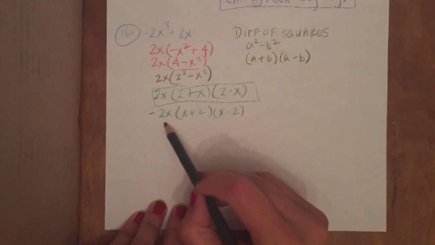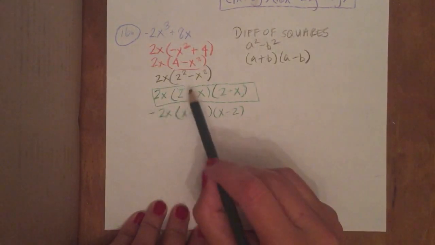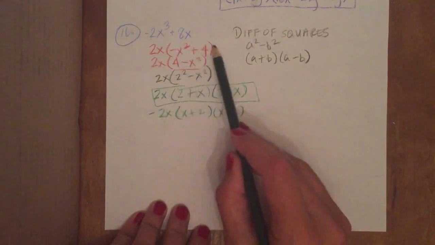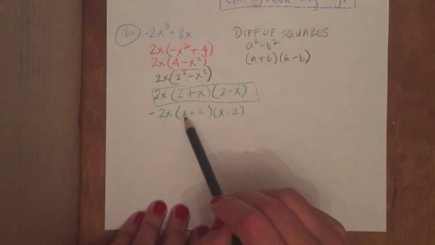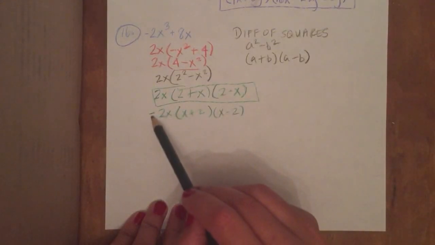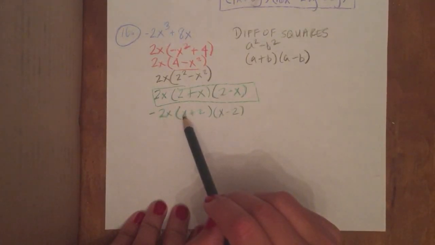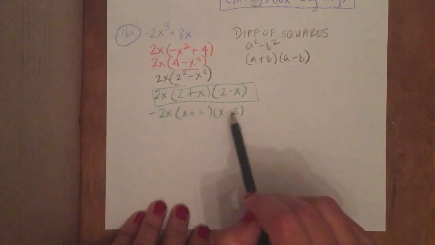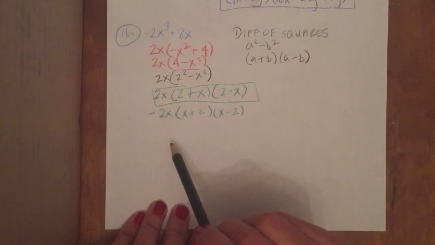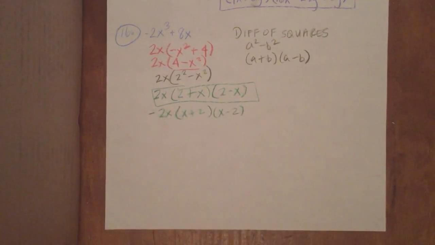This is also right. If you would have taken the negative 2 out, you would have ended up with x squared minus 4 instead of 4 minus x squared. And this still is the same thing. It's the same as putting the negative in here and factoring it in each of these. Okay. So that's your answer for number 16.